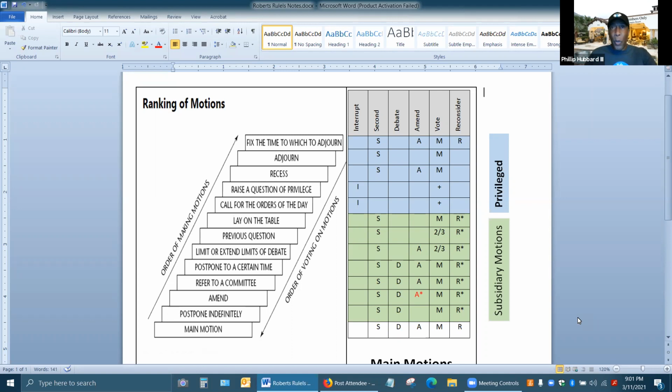Next, which is the most important, is a motion to fix a time to adjourn. Again, it sounds similar to the one before, but it's different. Here, a motion is made to adjourn with a motion to include the time that we are going to adjourn and the time that we would reassemble.